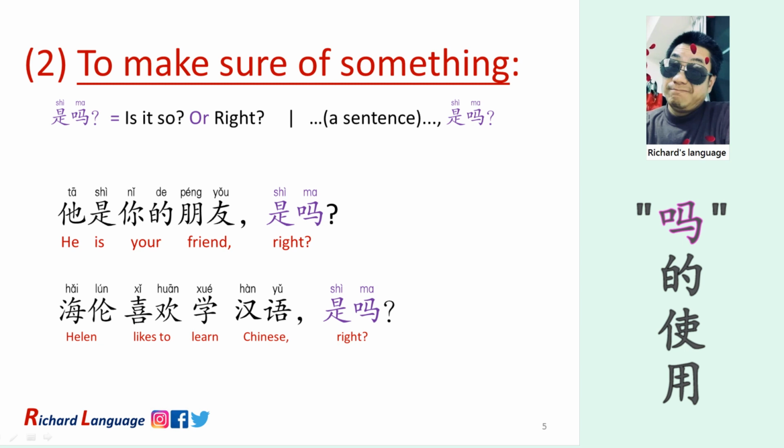Okay, let me give you some example sentences. 他是你的朋友，是吗？ He is your friend, right? So you use 是吗 to make sure whether or not he is your friend.